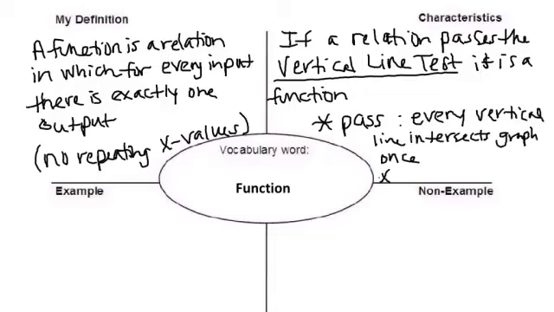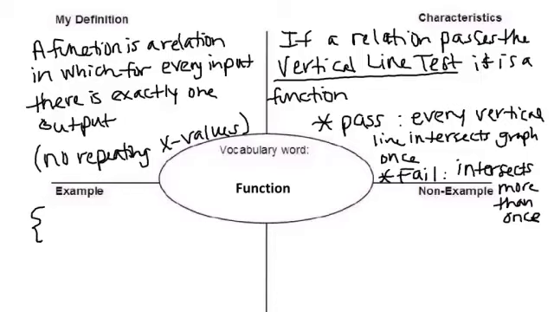And it's going to fail if each line intersects the graph more than once. So if we think about the graph of a function, if we draw multiple different vertical lines through the graph, it should only intersect once per line. If it hits the graph more than once, then that's when it's going to fail and it's not considered a function.